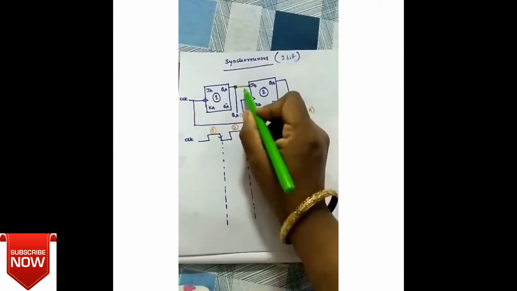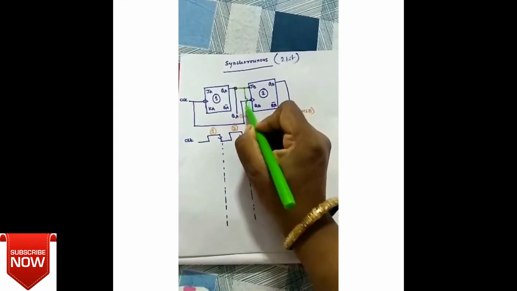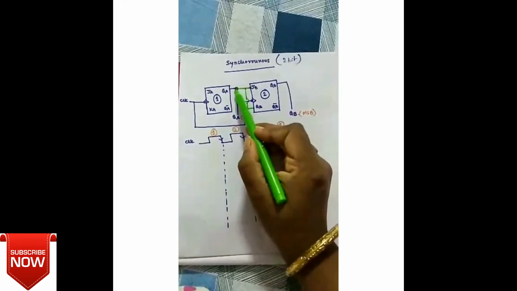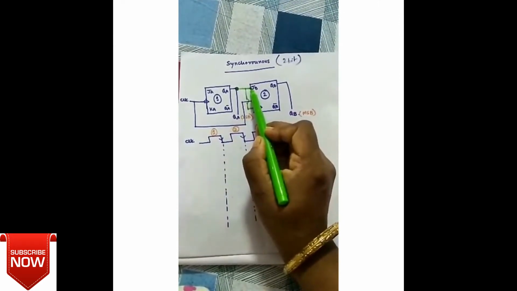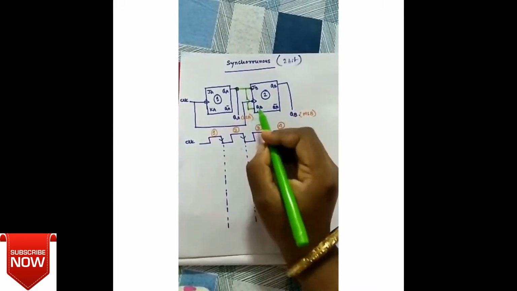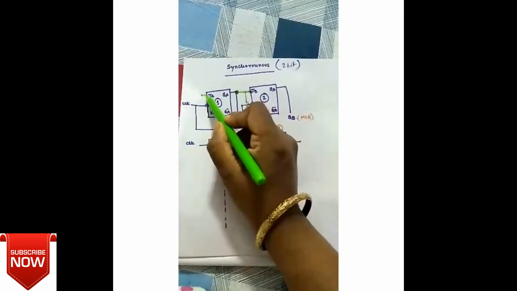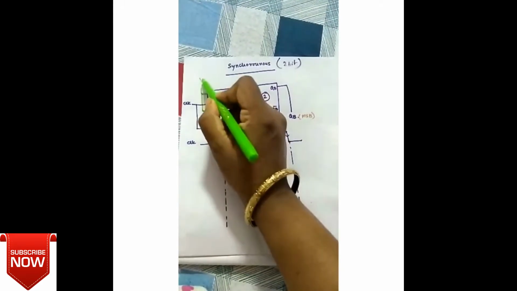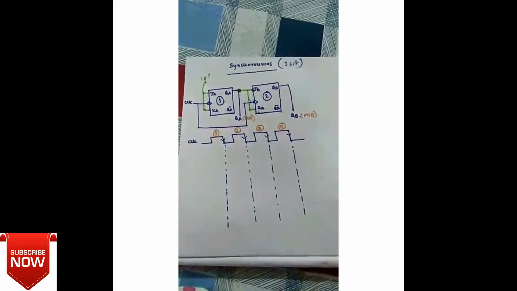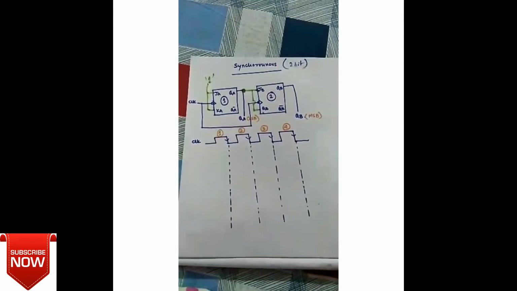Not the clock, as the input of this flip-flop. Whatever the QA is, it is considered as the input of this flip-flop, and the input of this first flip-flop is considered only as logic 1. Okay, so you can see the difference.